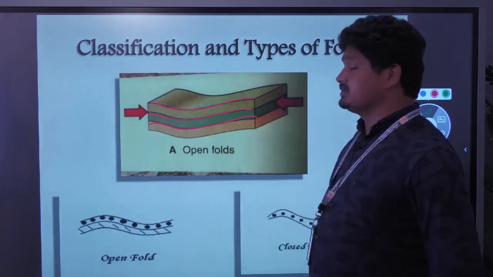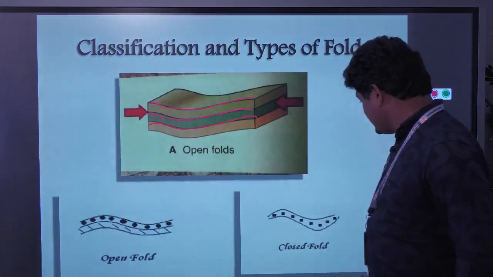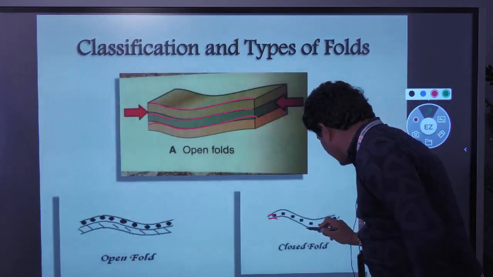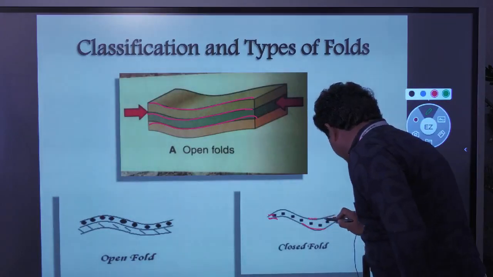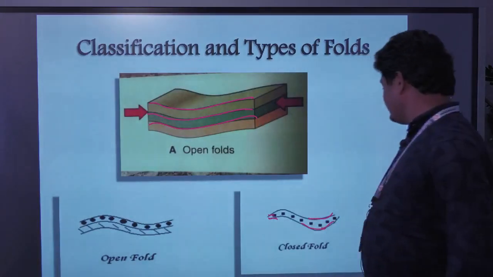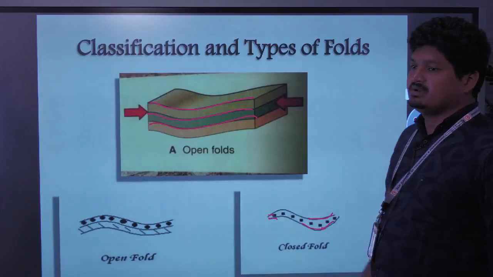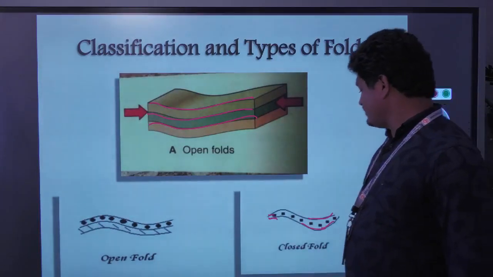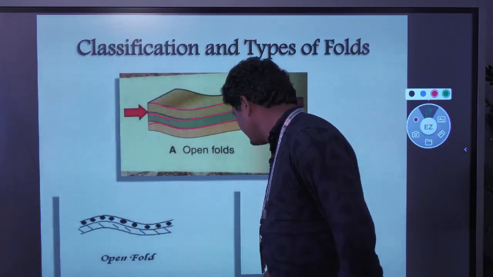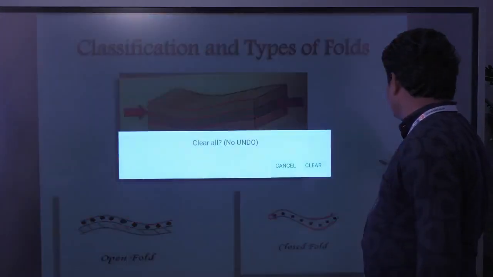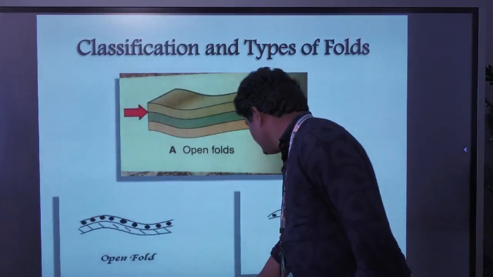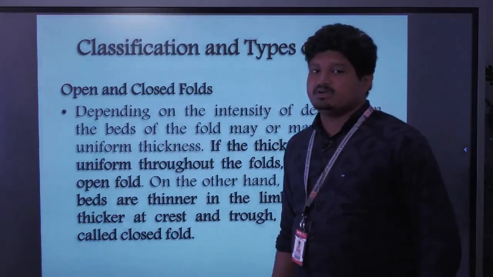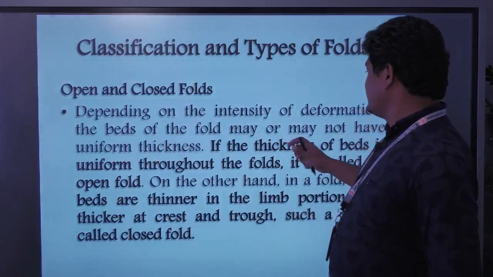When it comes to the closed fold, the limb side will be very narrow at the start, and at the end of the fold it will widen. That is called a closed fold. Open and closed folds are commonly identified. Depending on the thickness, the variations will be identified.